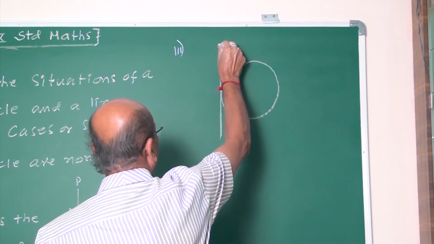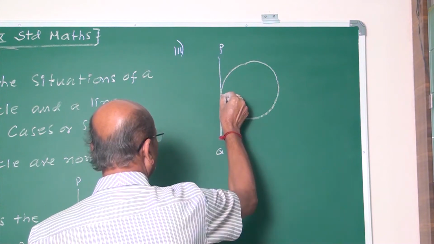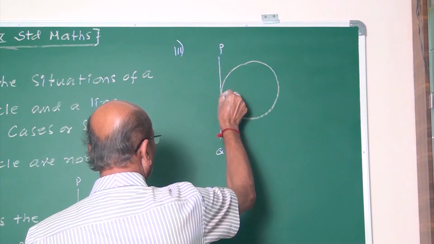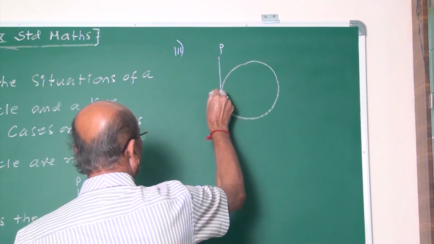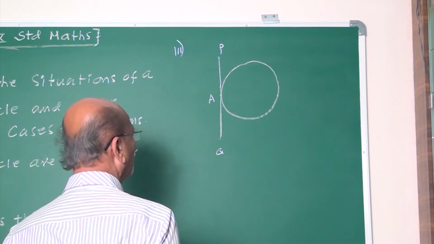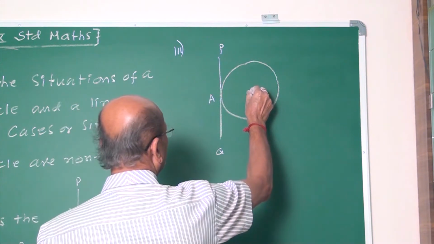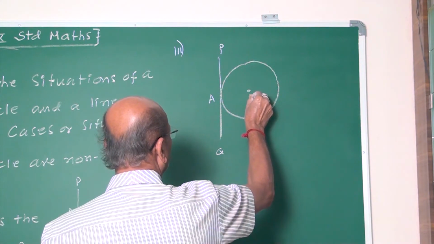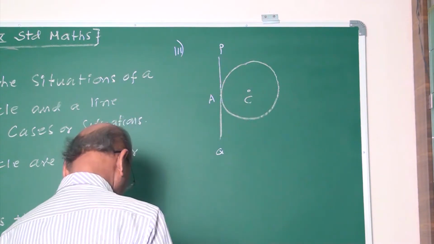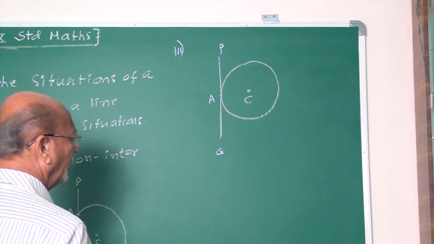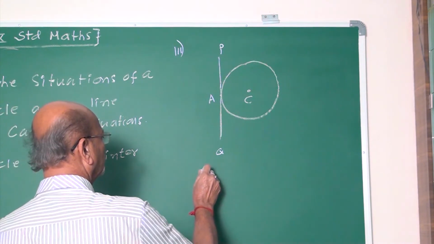It touches at one point A. This is the center of the circle, C. So in this case, line PQ touches.